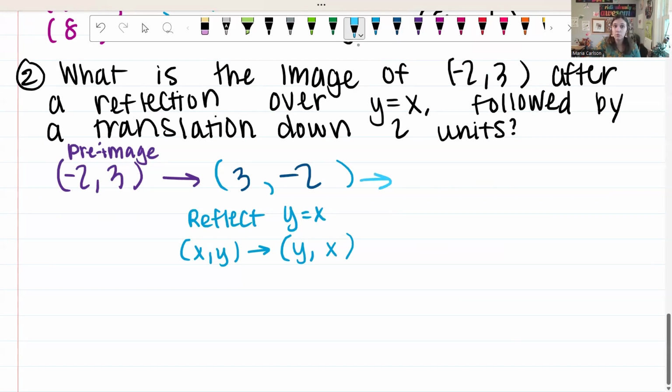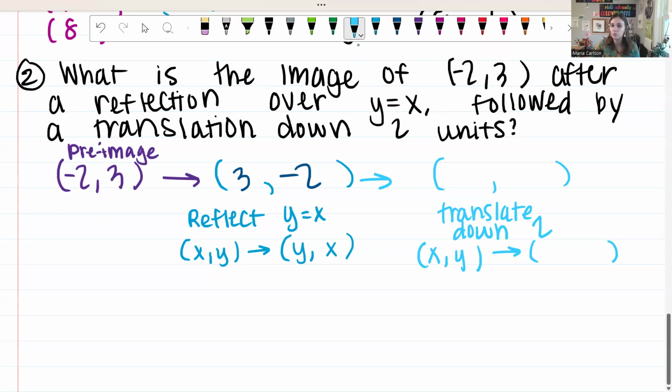And then we want to translate down 2 units. And we talked about that kind of in the last example. We're going to be affecting the y values here. So the point x comma y, I'm going to subtract 2 from my y value. So it'd be x comma y minus 2.